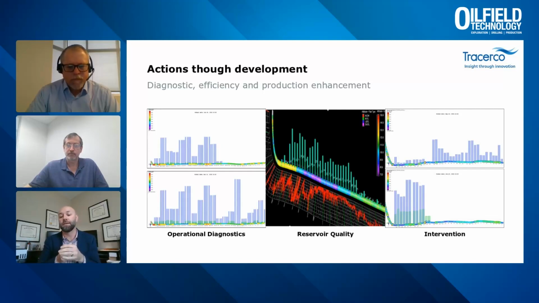And then on the right-hand side of this slide, this is an example where the operator, this well was kind of a dog. It made a lot of water and did not make hardly any hydrocarbon. It was making a little bit of oil. And we saw where there was a lot of water coming from the lower 2/3 of this well. The operator moved in there and set a plug.